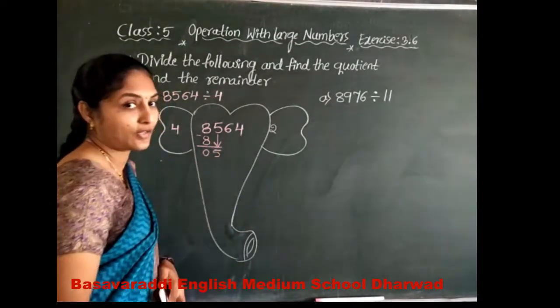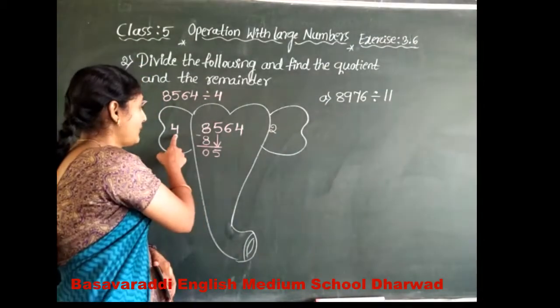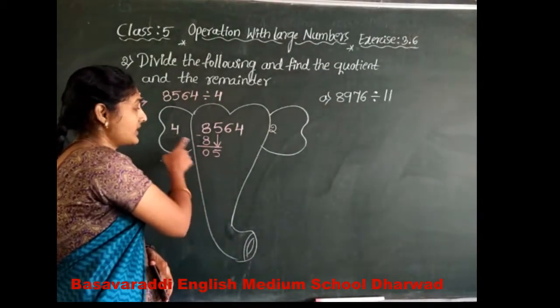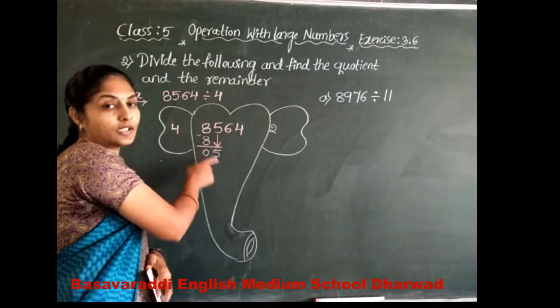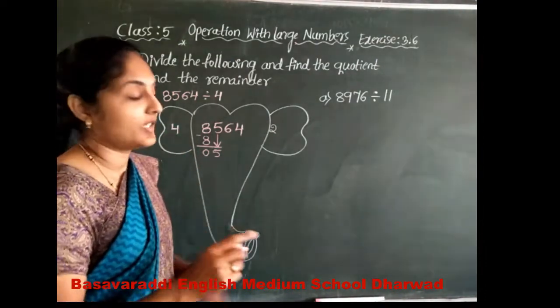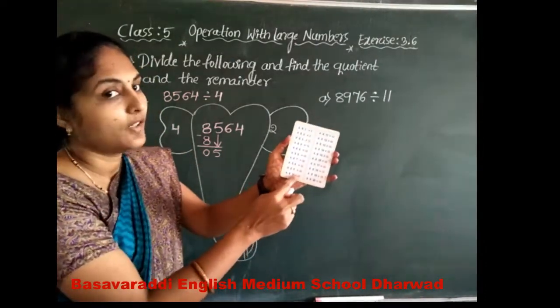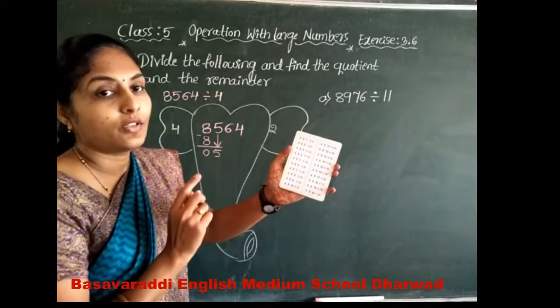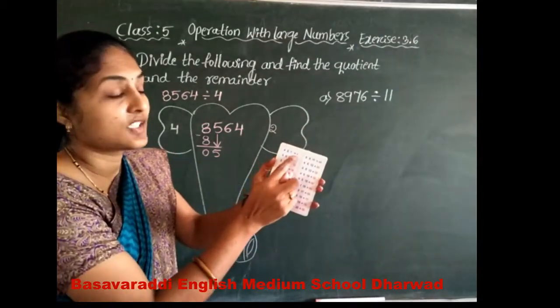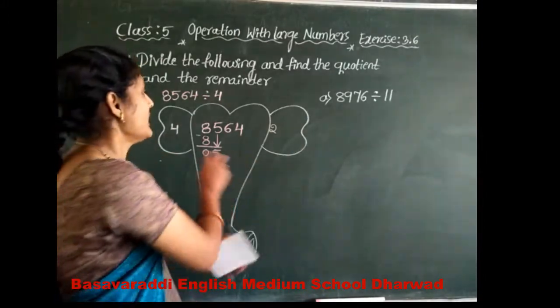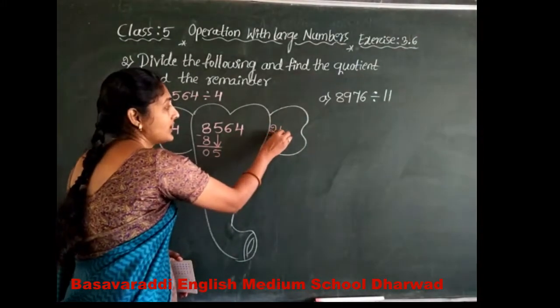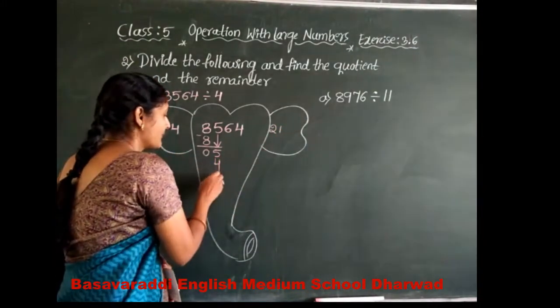That is the 5. Check again: is the 5 in the 4 table? No. The nearest smaller number to the 5 is 4, which means 4 ones are 4.